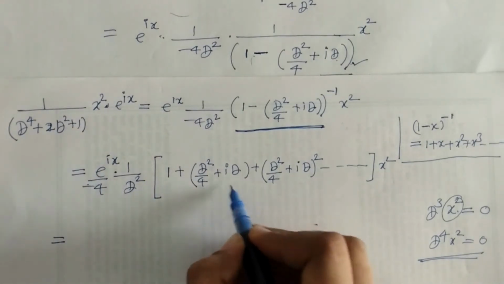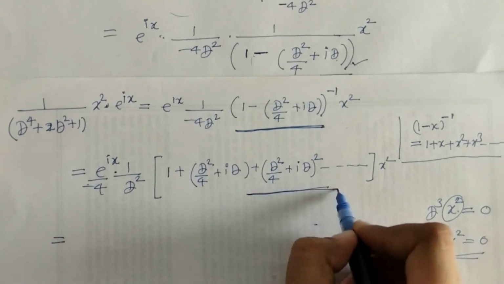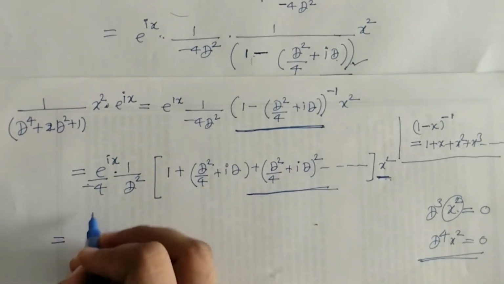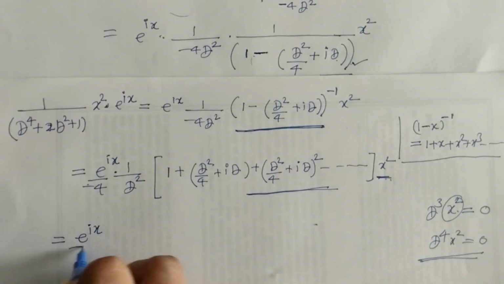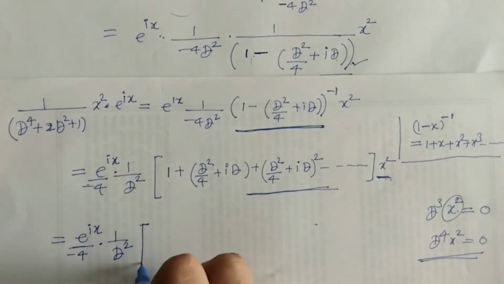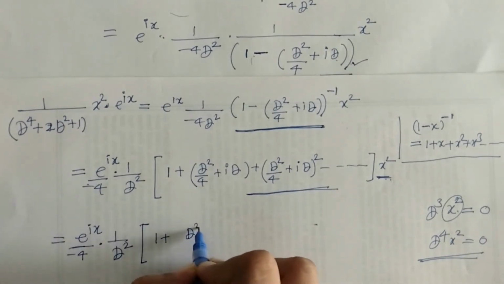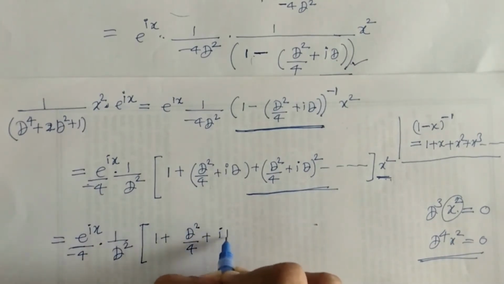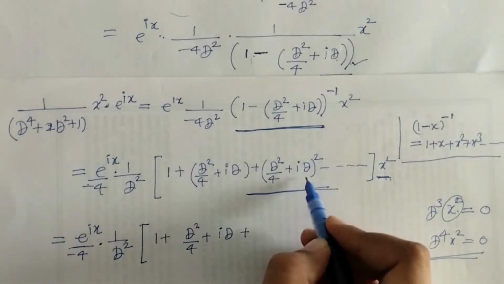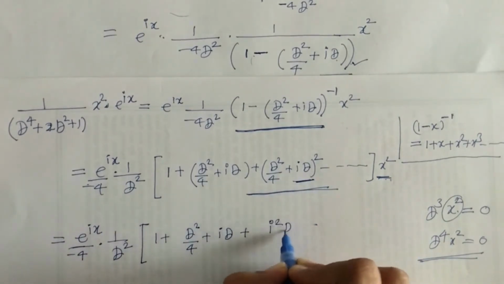So now we have to simplify this, and we have to operate these derivative terms on this x square. So first we will simplify this. On expansion, we will write down the term of d square.